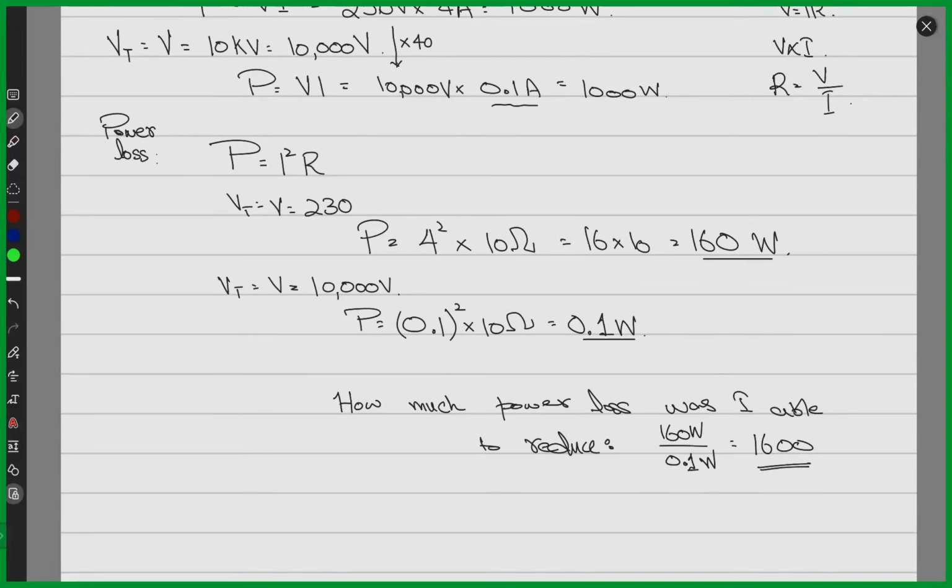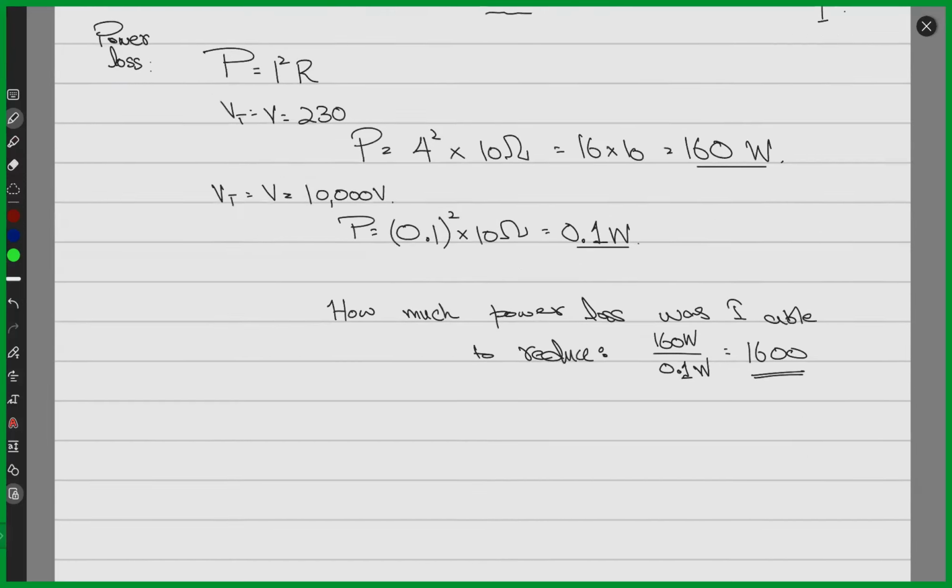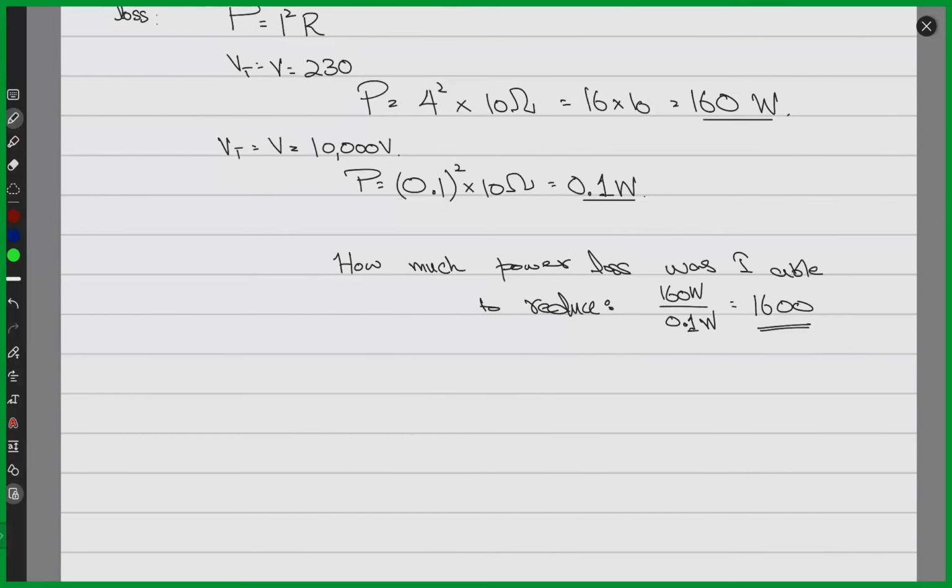I reduced the power loss 1600 times by increasing the potential to 10,000 volts. So you can see that we were able to reduce the power loss in the cables by a very significant amount by just using a very high transmission potential, right?